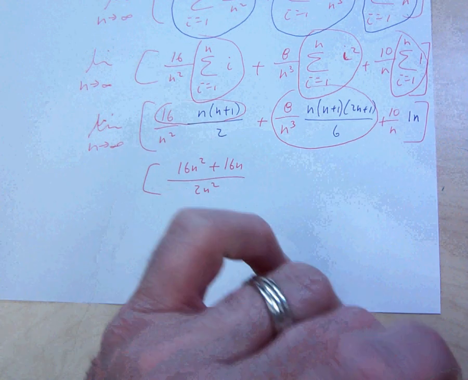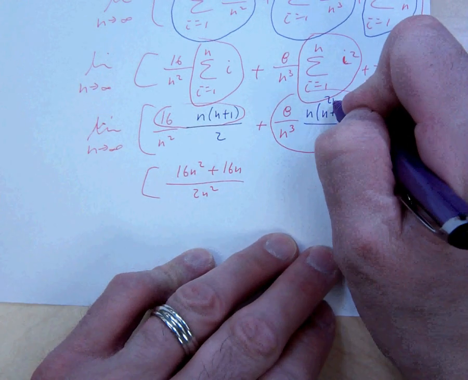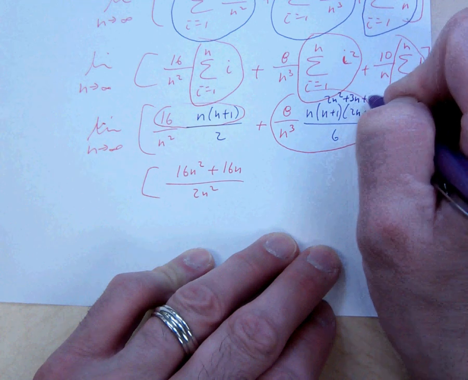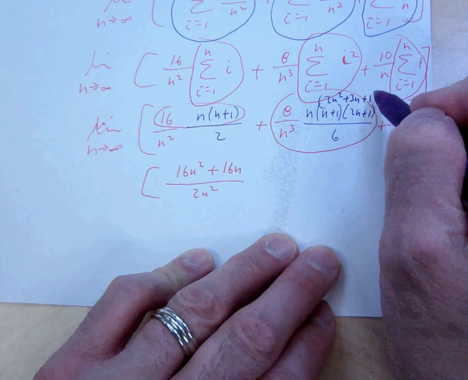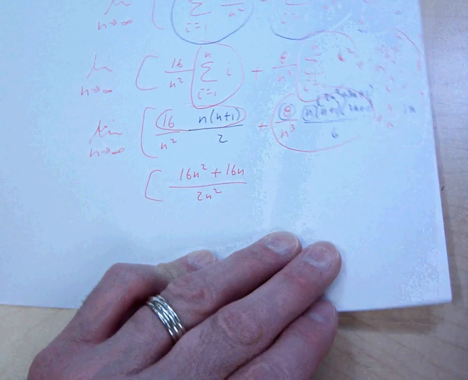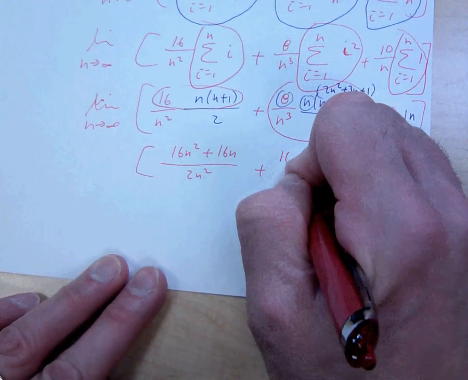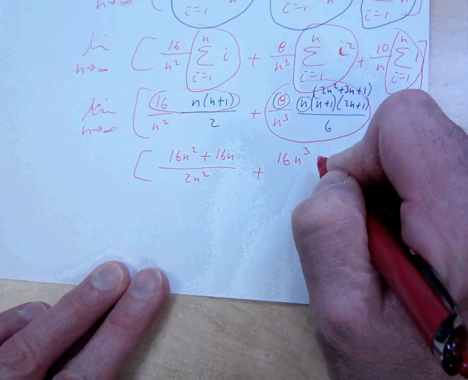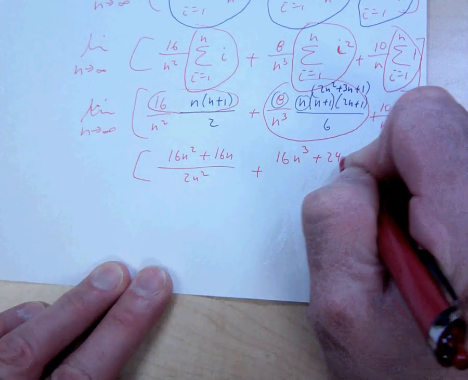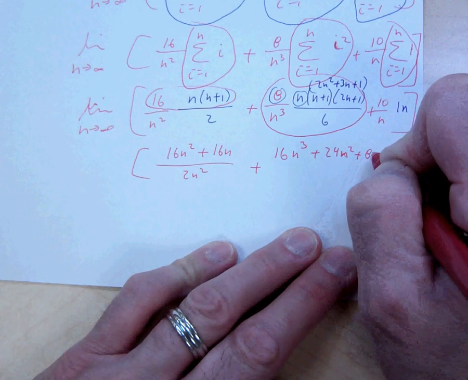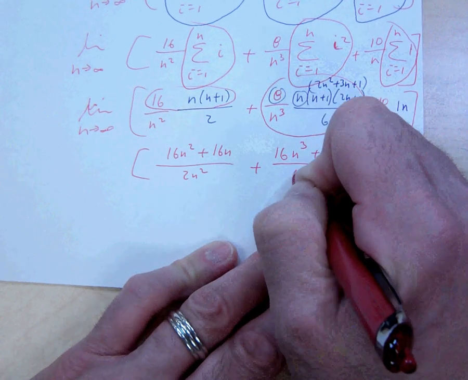When I FOIL there, I get what? 2n squared plus what? 3n plus 1, yes? And I'm going to distribute the 8n, and that gives me, careful, 16n cubed plus 24n squared plus 8n all over 6n cubed.